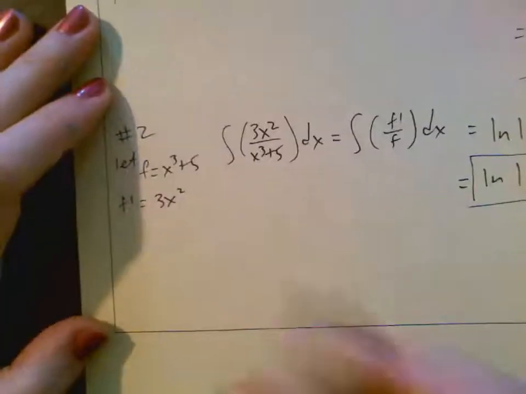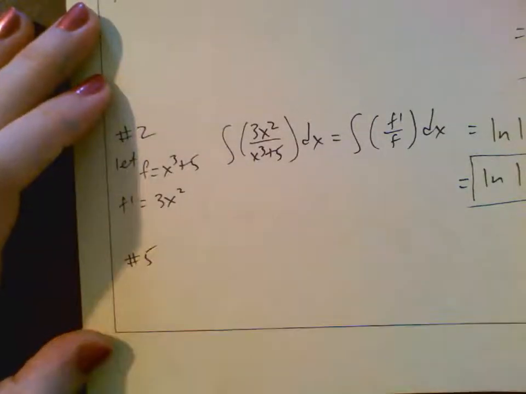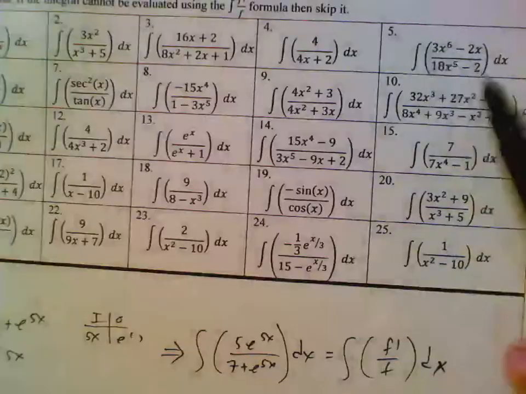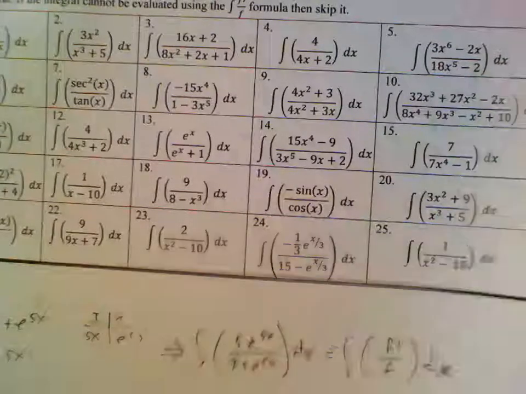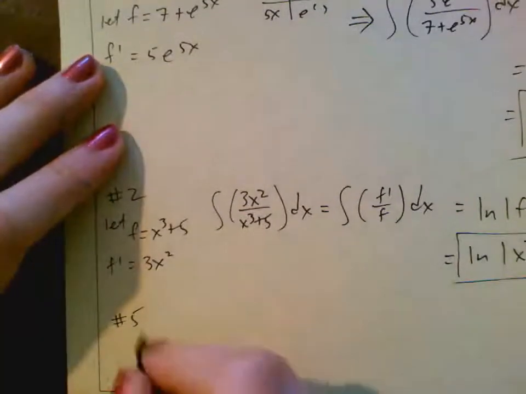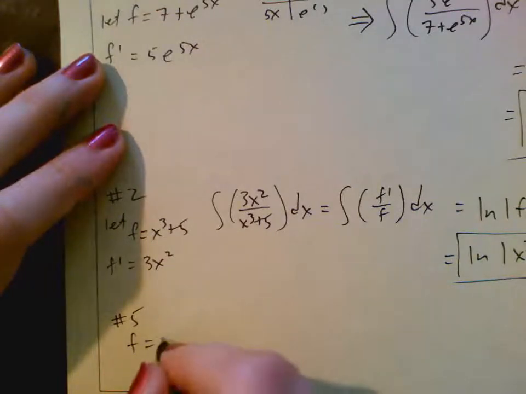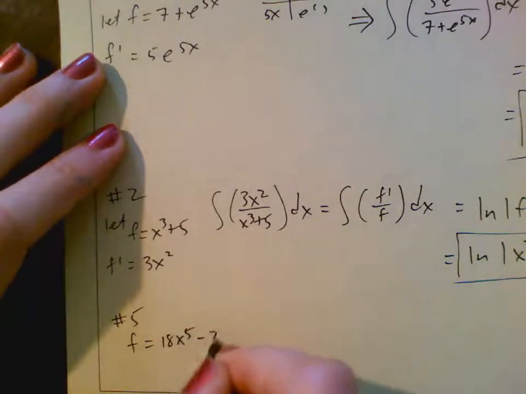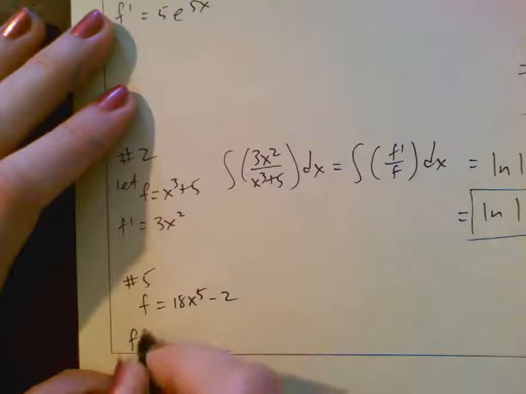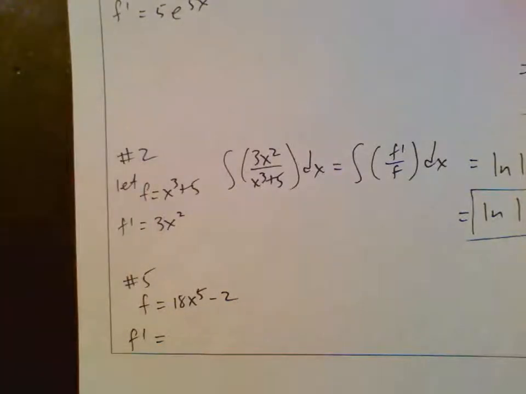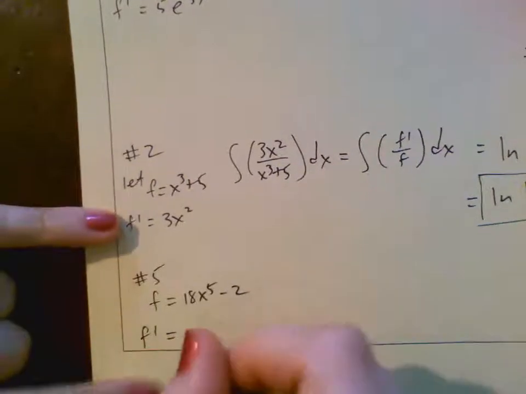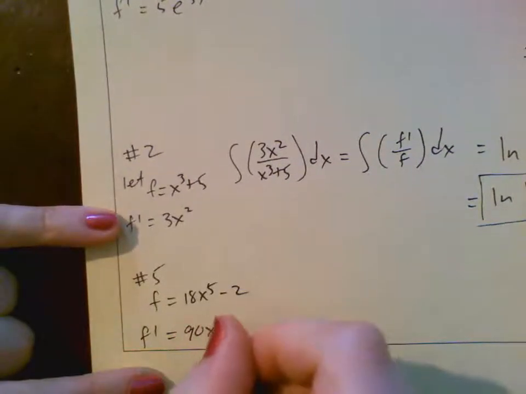Now, let's look at number 5. So you let f be the denominator. So f equals 18x to the 5th minus 2. So then f prime is equal to 18 times 5, I don't even know, 90? I think it's 90. Yeah.